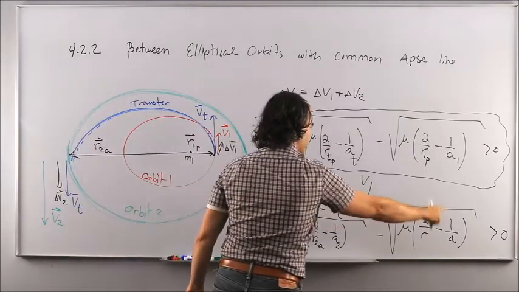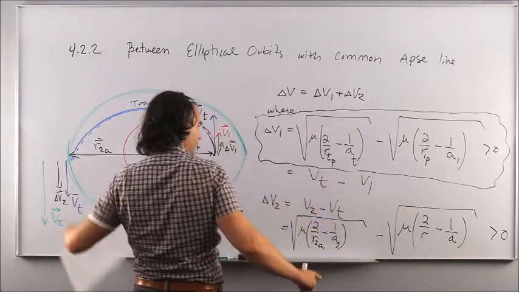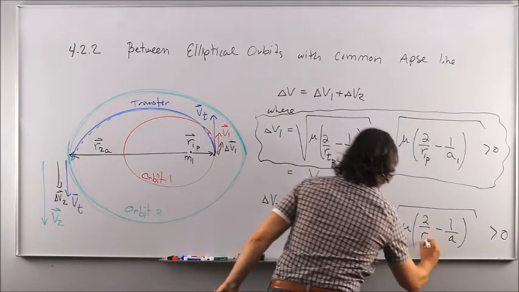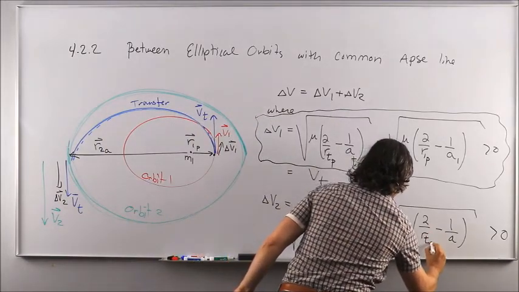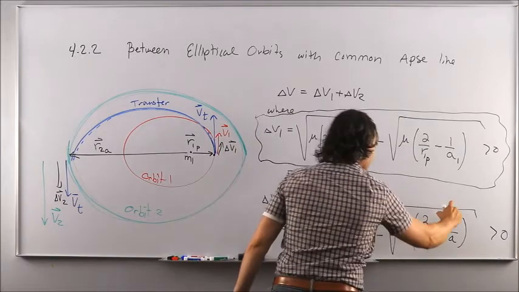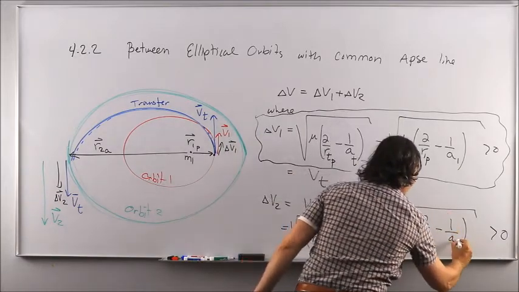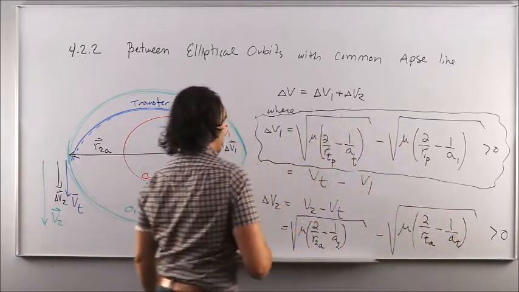And all this is for the transfer orbit at its apogee, so I'm going to say R for transfer, A for apogee, minus 1 over A of the transfer orbit, just like that, okay?